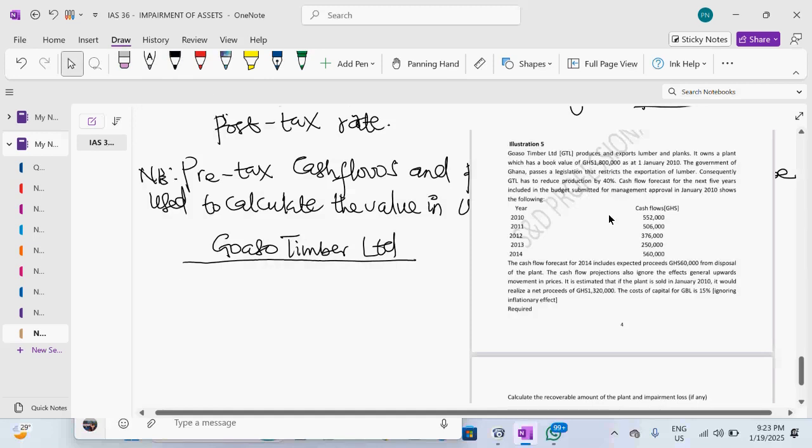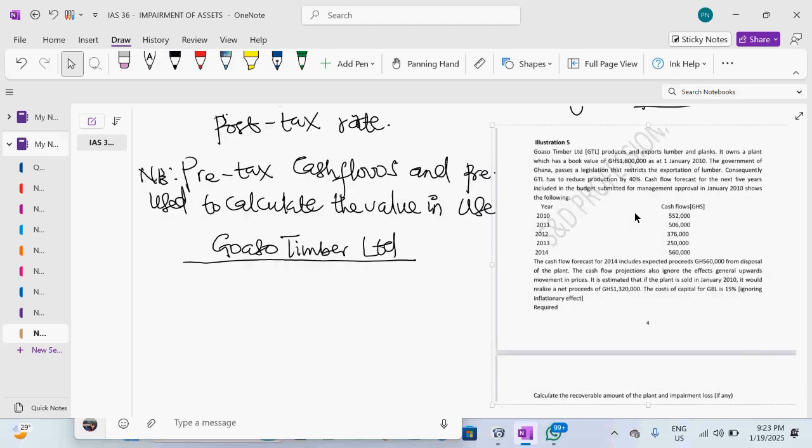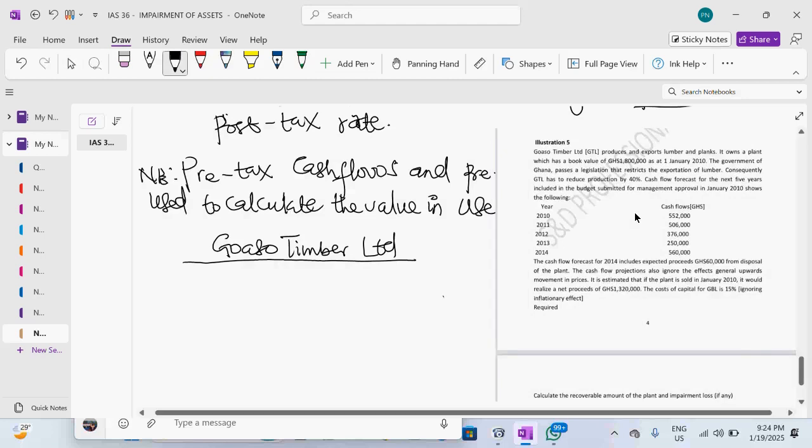So they are to calculate the recoverable amount and then the value in use. As I was saying, with respect to the value in use, we know that recoverable amount is the higher of the value in use and the net realizable value. So here, did they give us the net realizable value?